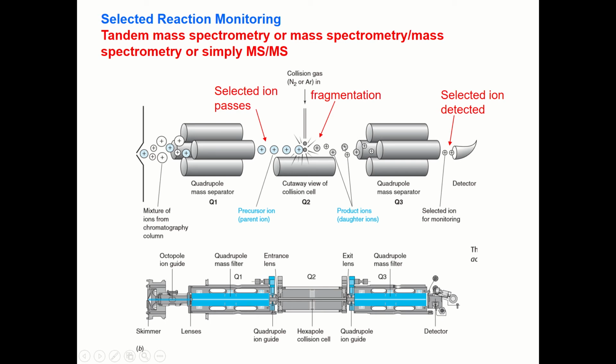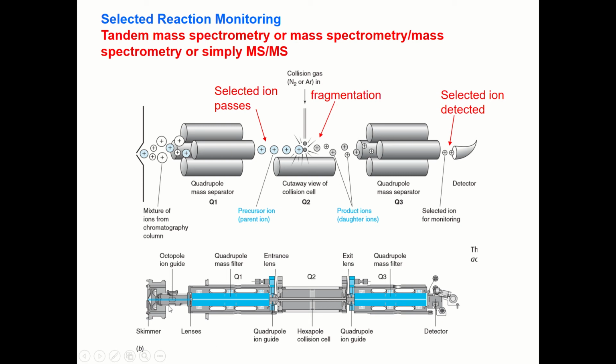These fragmented ions, which are called product ions or daughter ions, enter the Q3 quadrupole mass spectrometer. Then they are detected. So only selected ions are detected by the detector.